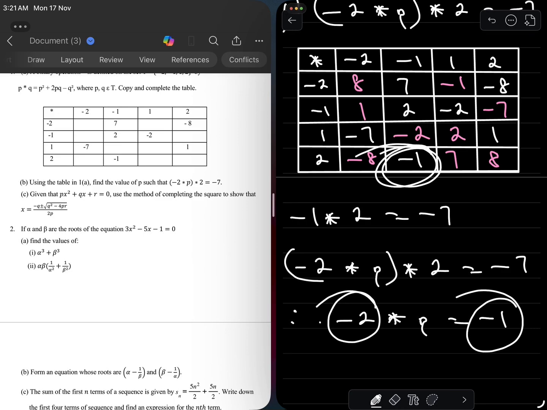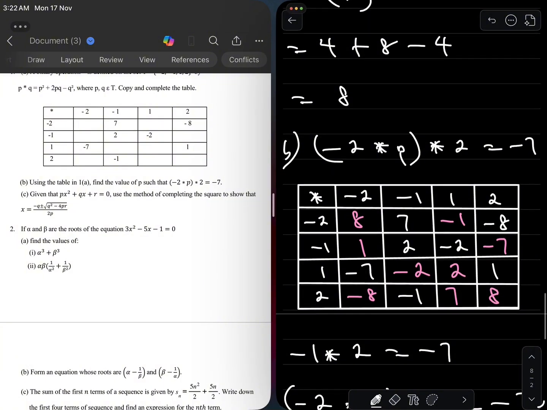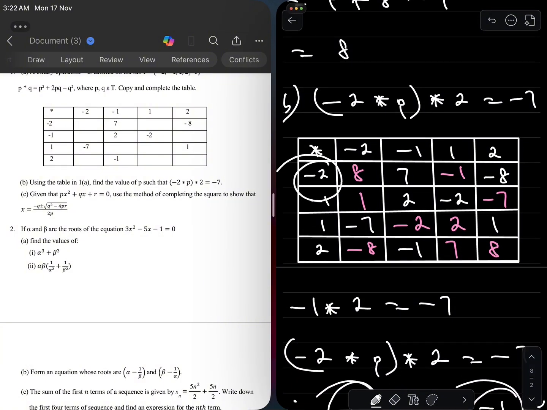So we go to where we have minus 2. Okay, let's check that again. We should do that properly. This is minus 2.